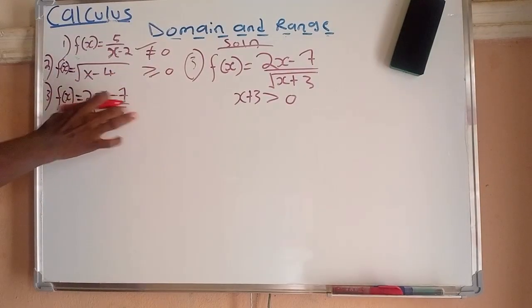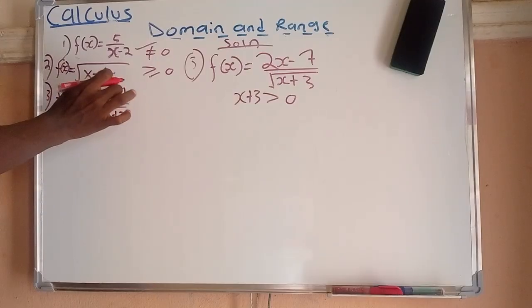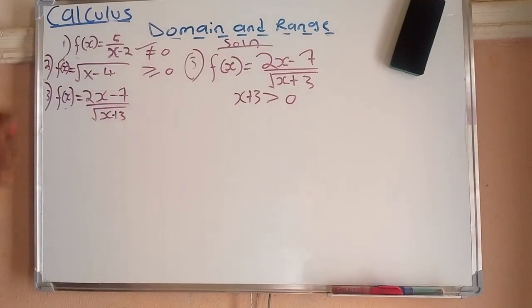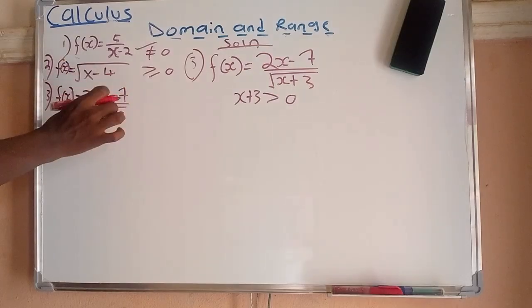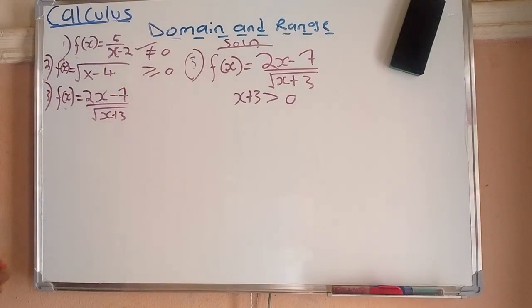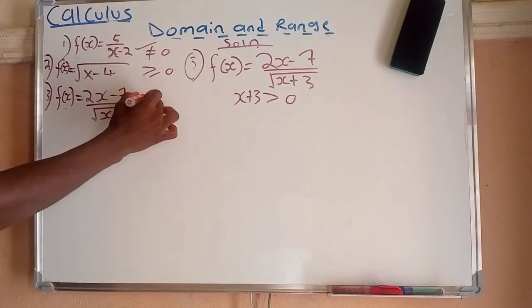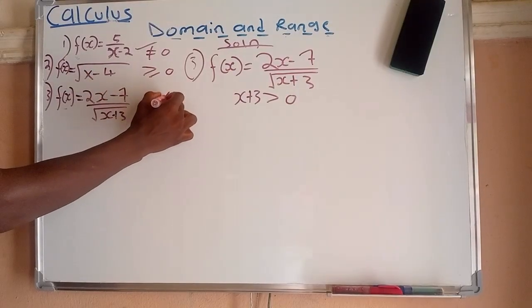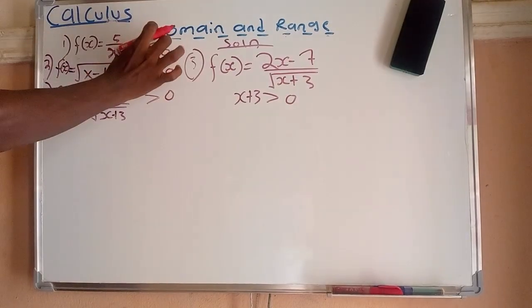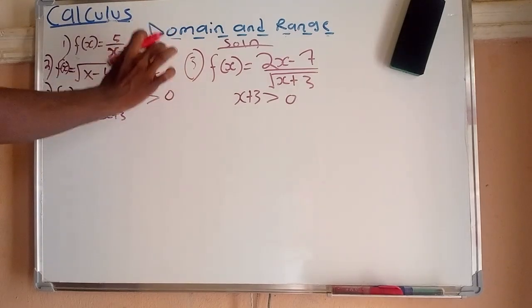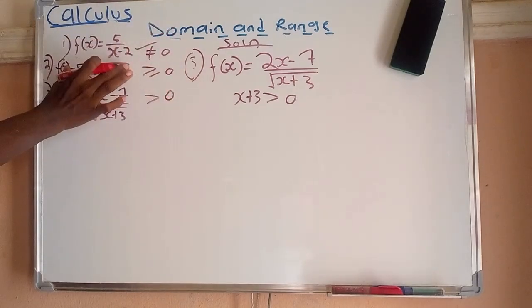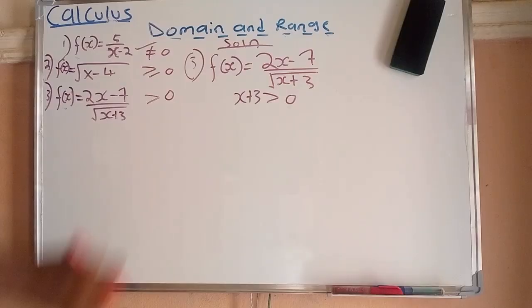In the third question, we have 2x minus 7 over a radical form, so we have to say greater than 0. You have to know the difference between these three functions. Whenever you know the difference, you can solve any question in domain.